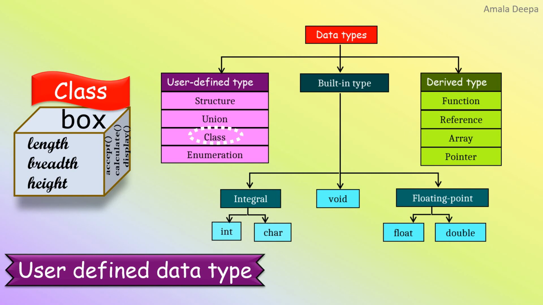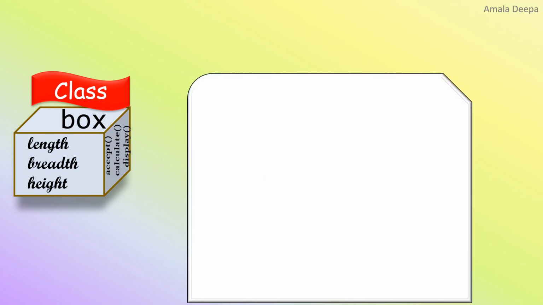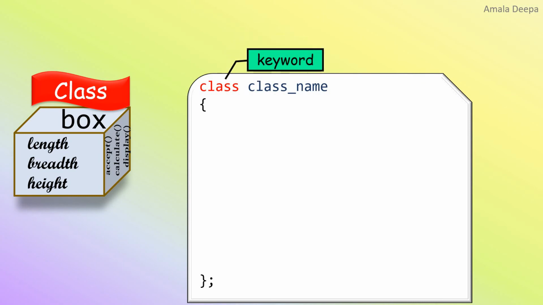Next, let us see the general form of class declaration. To declare a class, first you have to write the keyword class followed by class name, and then the body of the class ended with semicolon. Here, class is the keyword to be used to declare a class.